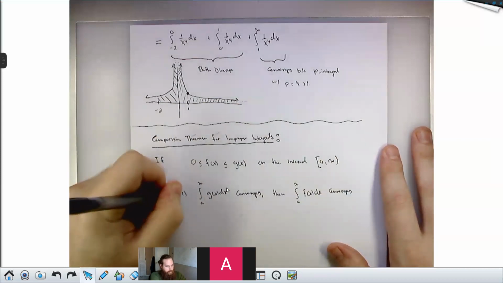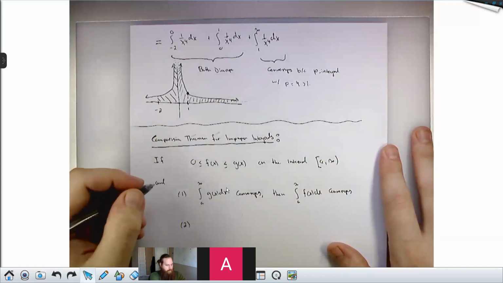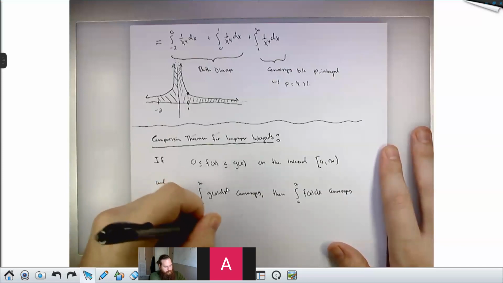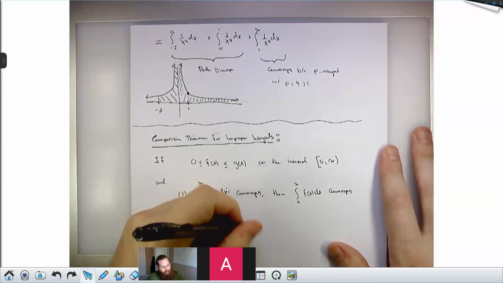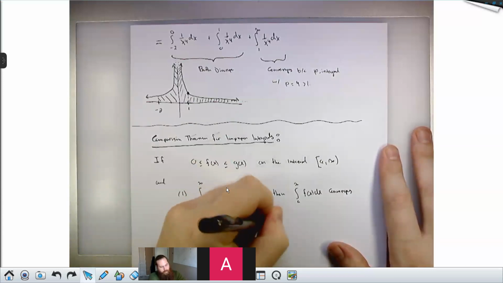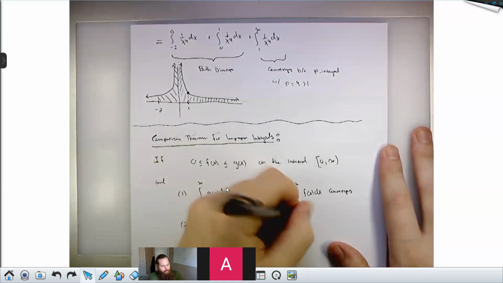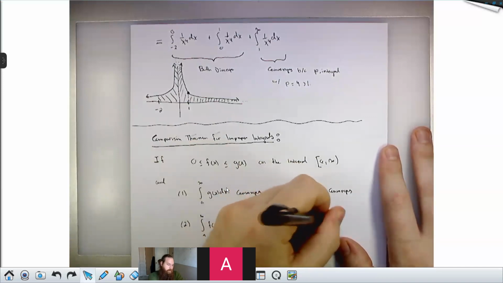That's 1. And 2, if the integral from a to infinity of f of x dx diverges, then the integral from a to infinity of g of x dx diverges.